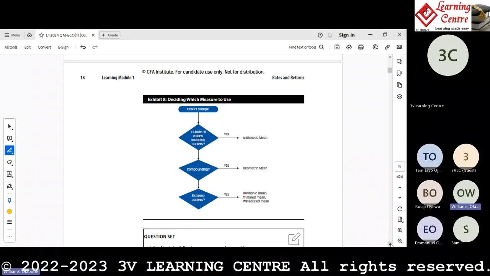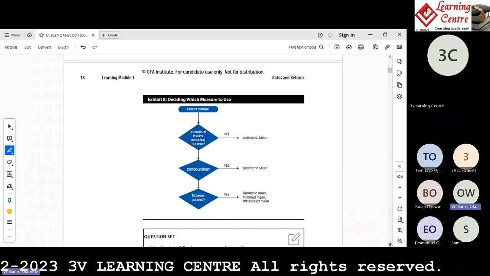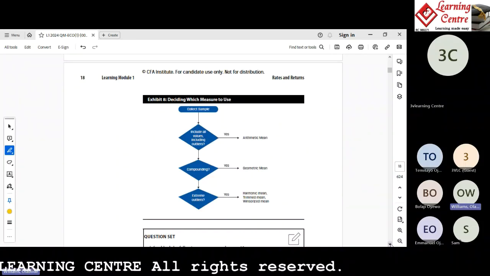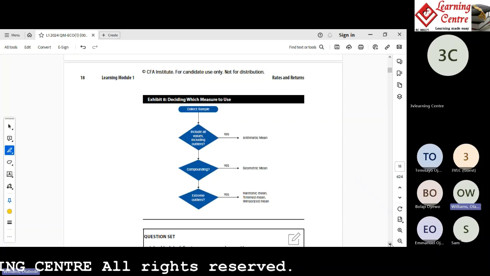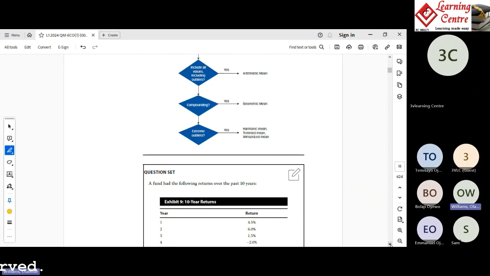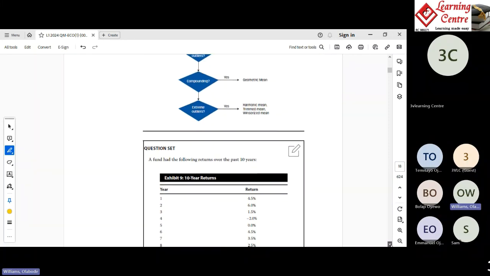You can use a simple average or use a geometric. But as long as you remove those outliers, whatever you get will still be an average of your data set. Because remember that what you're trying to get is an average out of your data set. Okay, so that's a way to decide.